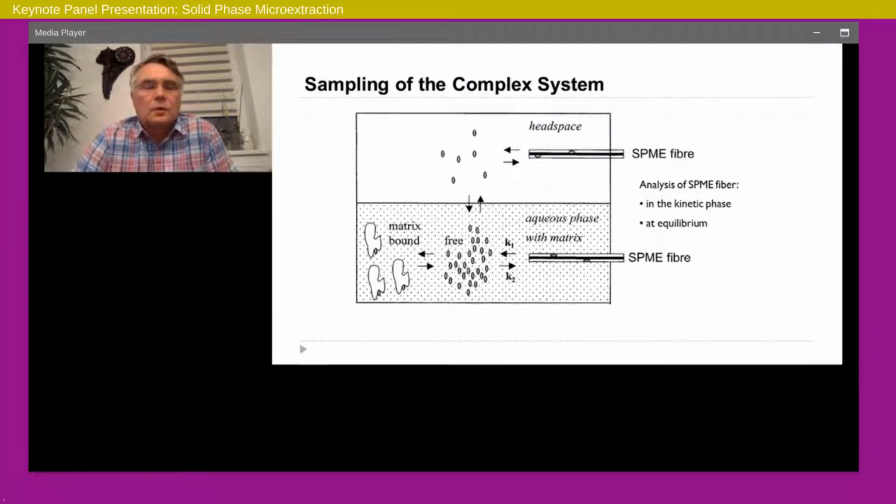So we have been working for the last 20 years to develop this direct extraction. You can see below, we have the fiber placed directly in the matrix, and we wanted to also achieve this cleanup approach. So how did we do that? You can see the matrix and the compounds bound to the matrix. They are in equilibrium with the free concentration of the same analytes. And now we are trying to equilibrate the coating with this free form.